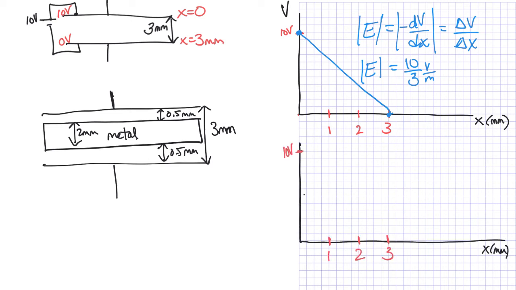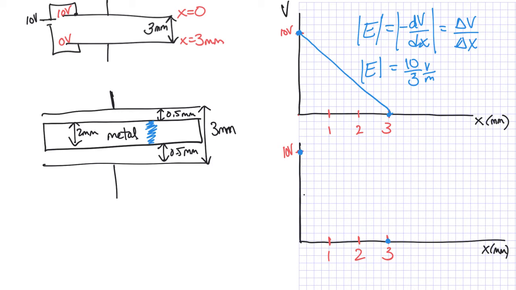Okay, so just sketching out my axes there. Hopefully you see that it starts at 10, and it goes down to 0 by the time it gets down to 3 millimeters, okay? But what is happening? The question you need to ask yourself is, what is happening in here?